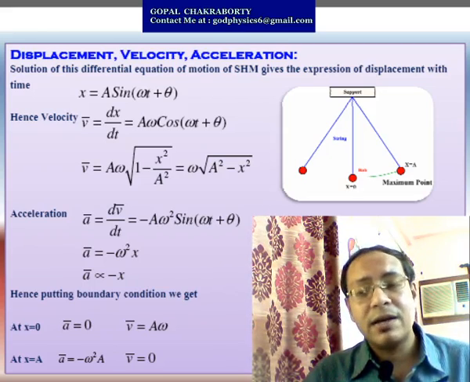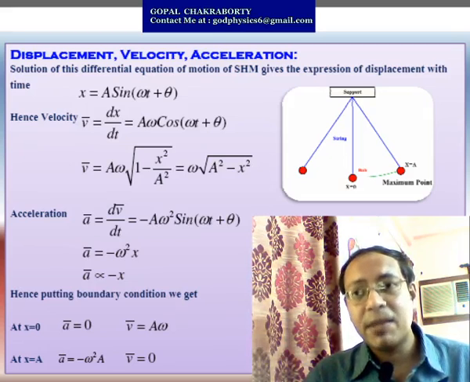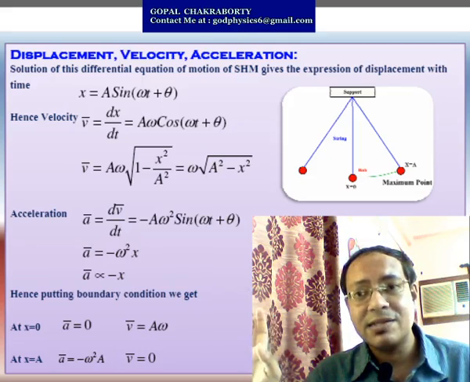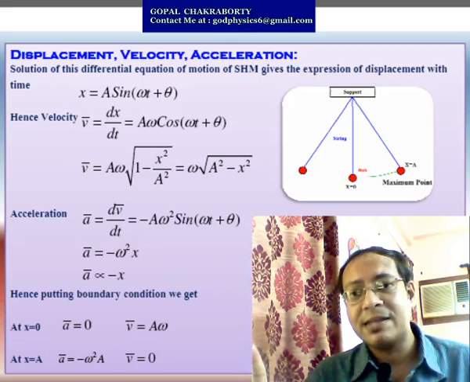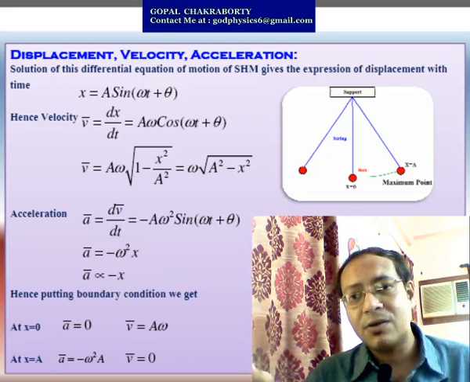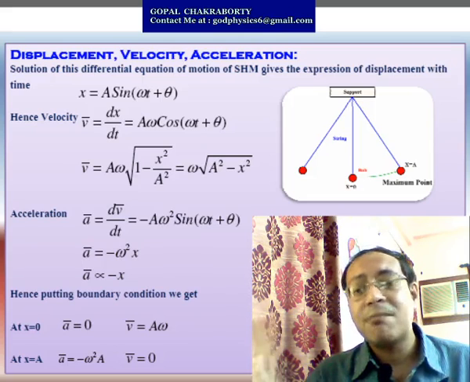Putting in this boundary condition, we can say that the velocity of the particle, or here the pendulum, will be maximum where the acceleration is 0, so at the mean position of rest, and at the far end point the velocity is 0 and acceleration is maximum.